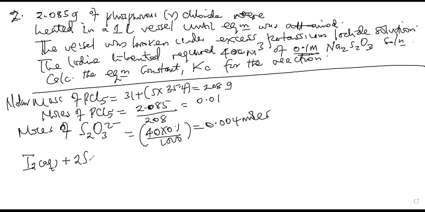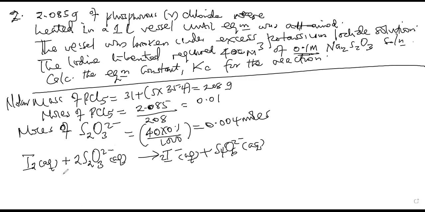After getting moles of thiosulfate ions, by writing the equation for the reaction between iodine solution and thiosulfate ions to form tetrathionate and iodide ions, we can get moles of iodine.